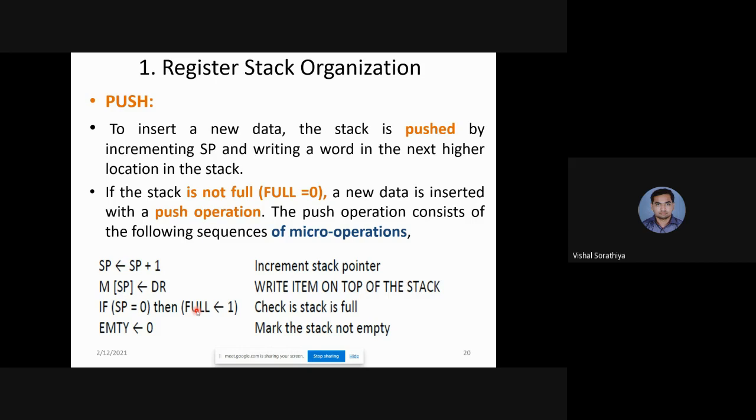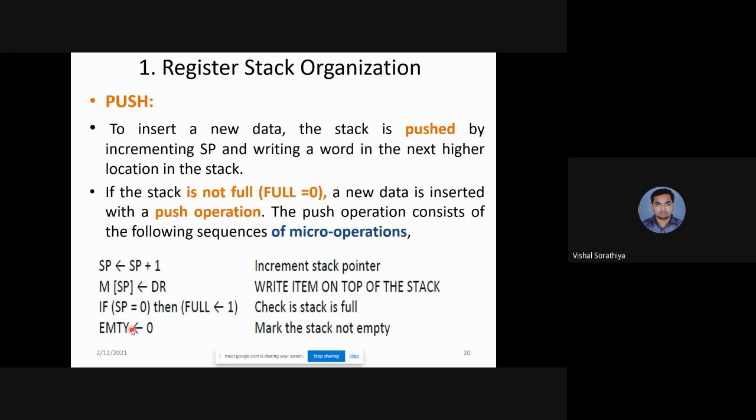So the next instruction will get the idea that it has become full, and no other push operation will be executed. But if SP is not equal to 0, then the stack still has some empty locations where you can store data.